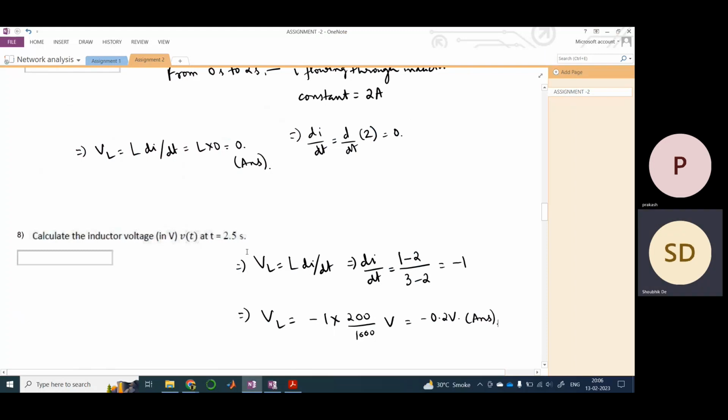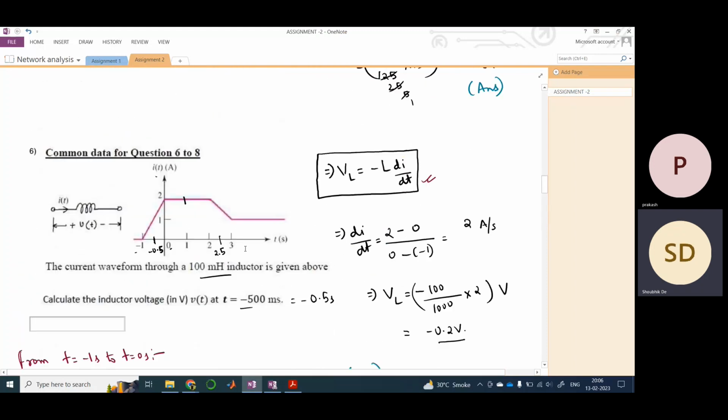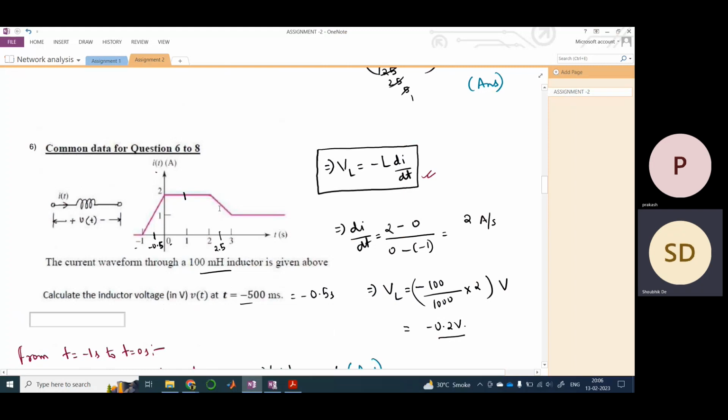Here you see that I don't take 2.5 seconds into consideration. This is mainly because it really doesn't matter. If they provide any time, and it falls between this time interval, between 2 to 3, at any point, if they tell you to find the voltage developed across the inductor at 2.7 seconds, it would be the same, because here the current is decreasing linearly, and the slope at 2.5 would be the same at 2.7, the same as 2.4.